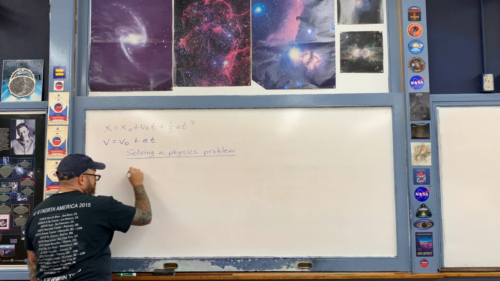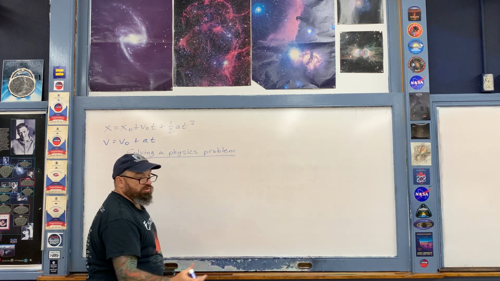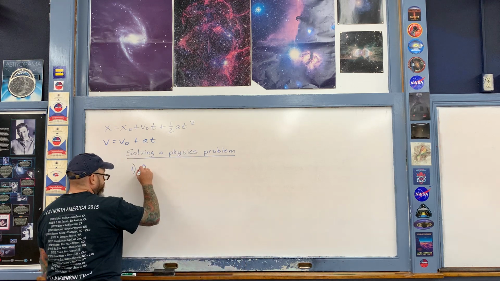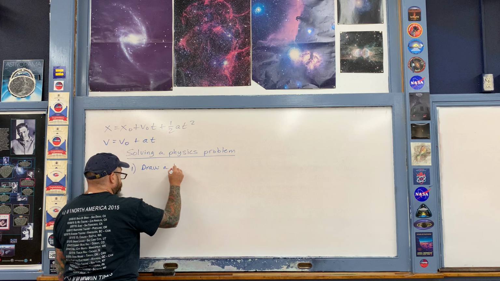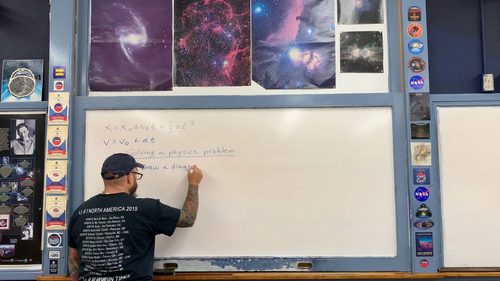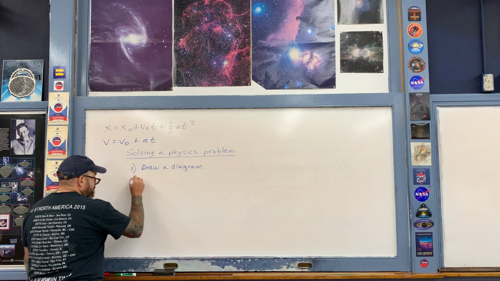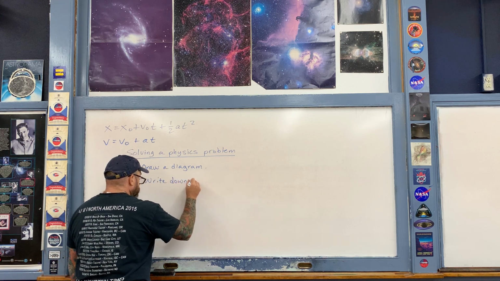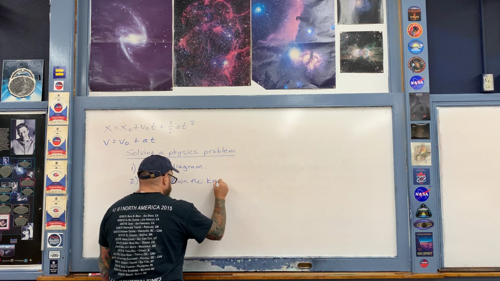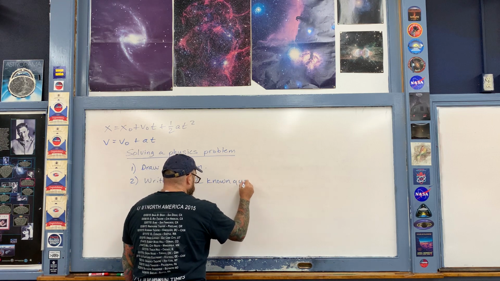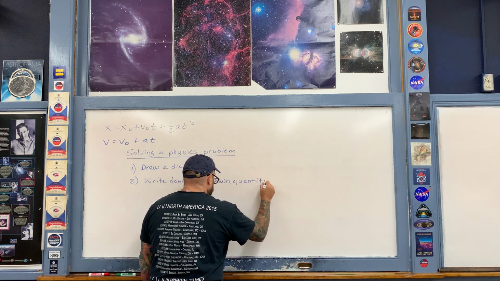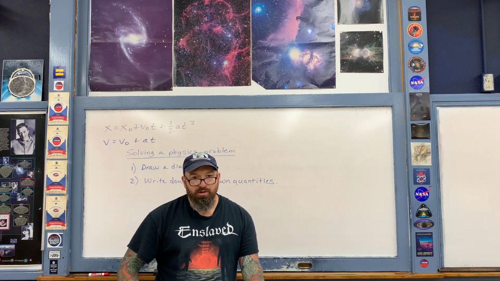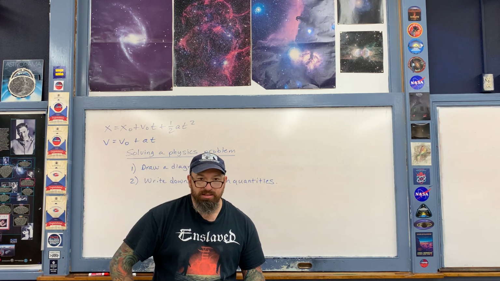Okay, the first thing that you always do is you draw a diagram. You draw a simple diagram when applicable to the situation. Secondly, you write down the known quantities. In other words, invariably in a problem, there are always going to be some known quantities that are given.